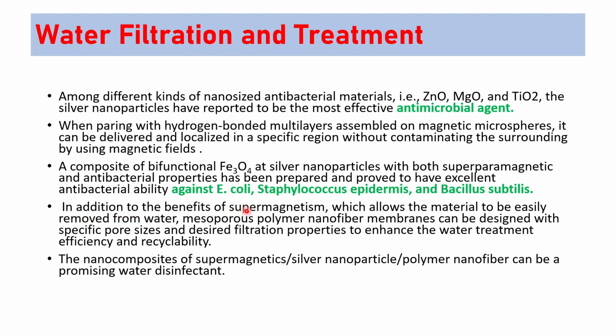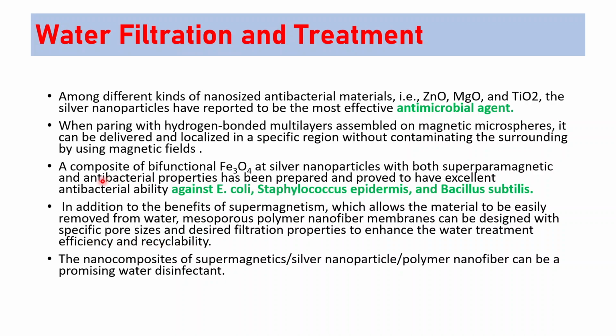In addition to the benefit of paramagnetism, which allows the material to be easily removed from water, mesoporous polymer nanofiber membranes can be designed with specific pore sizes and desired filtration properties to enhance the water treatment efficiency and recyclability.